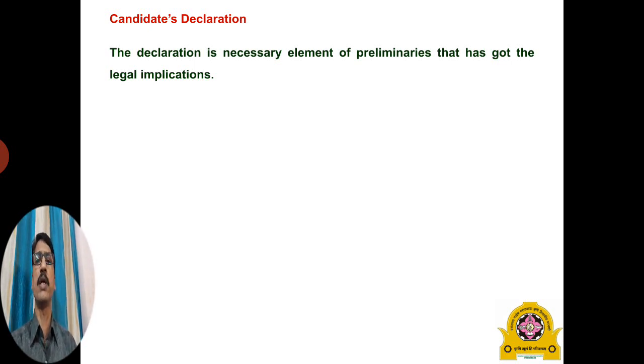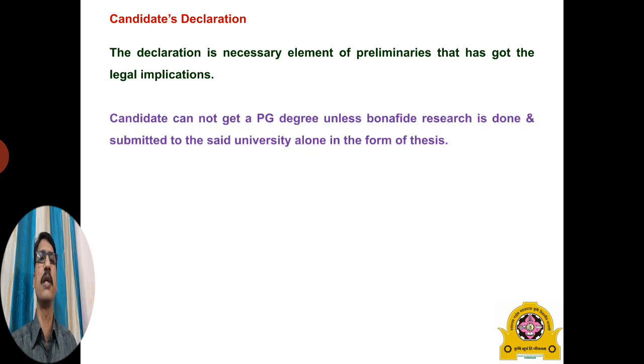Actually, these remaining parts include the four certificates: the certificate of the candidate, certificate of the research guide, certificate of the advisory committee along with the external examiner, and plagiarism clearance certificate. Then let's see the candidate declaration certificate. This declaration is a necessary element of the preliminaries of the thesis that has legal implication.